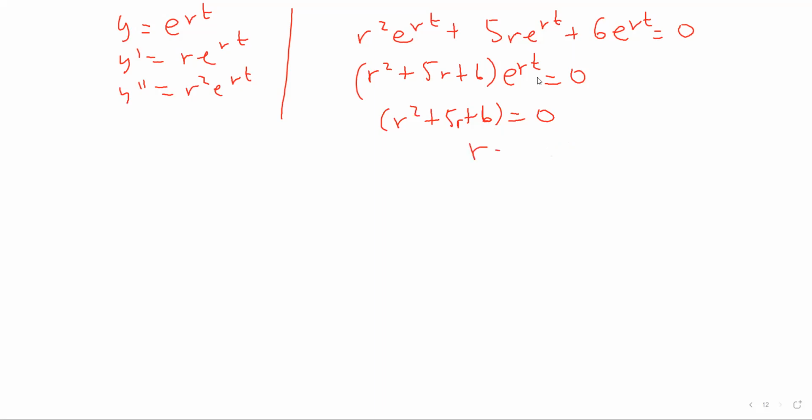So r will be equal to minus 2 and minus 3. And then it means that we have y1 of t is equal to e to the power minus 2t, and y2 of t is equal to e to the power minus 3t.